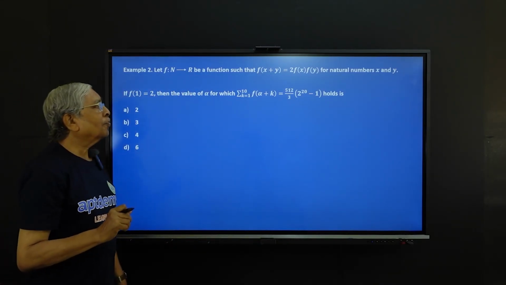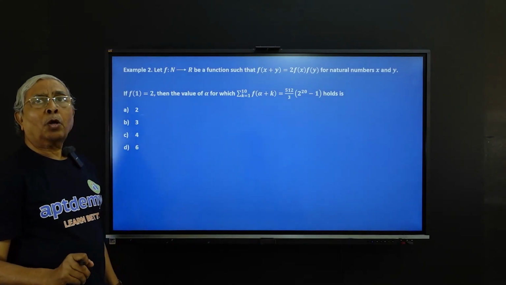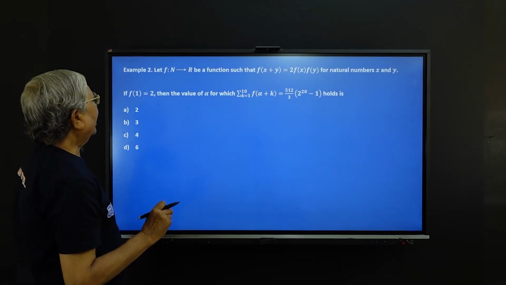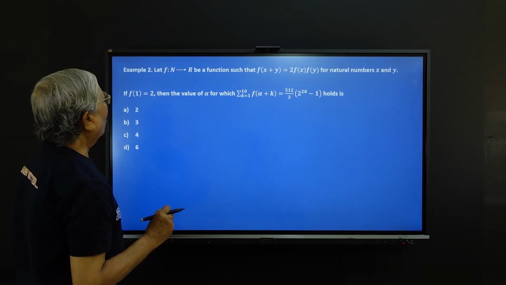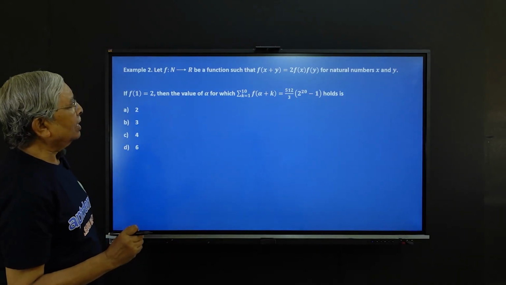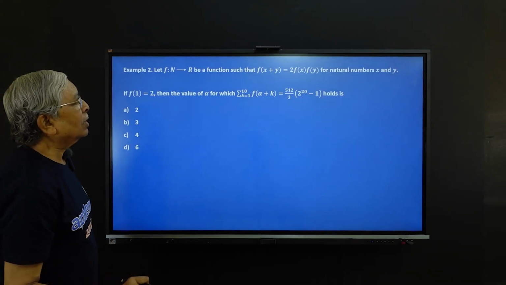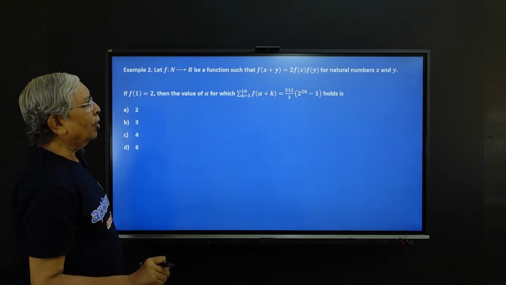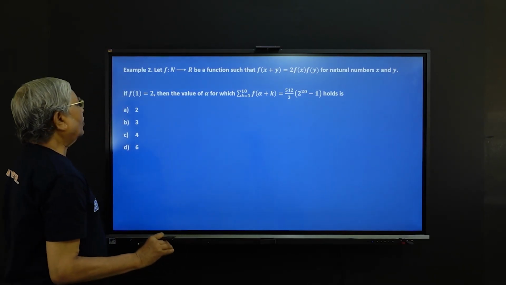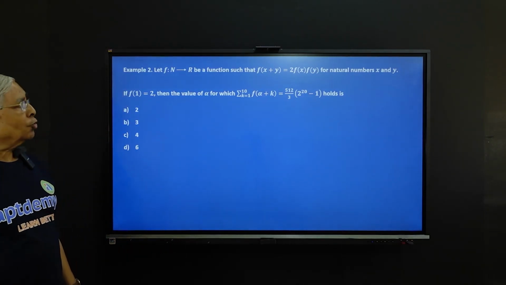So let us come to the next problem on the chapter on functions. Let f be a function from natural numbers to real numbers such that f of x plus y equals 2 f(x) f(y) for natural numbers x and y, and it is given that f(1) equals 2.